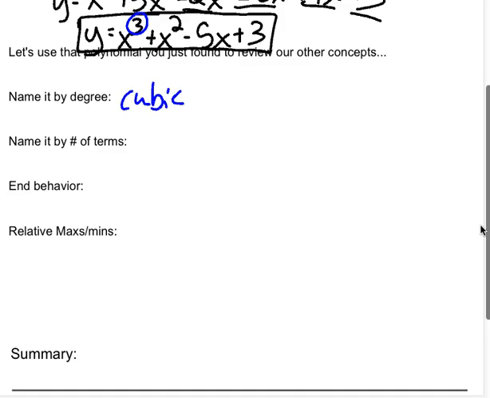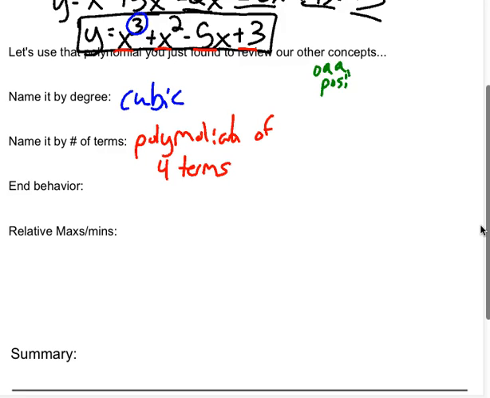Name it by number of terms. 1, 2, 3, 4. So that makes it a polynomial of 4 terms. And end behavior. Okay, it's odd and positive. That means it's going to look like that. So it has down, up, end behavior.